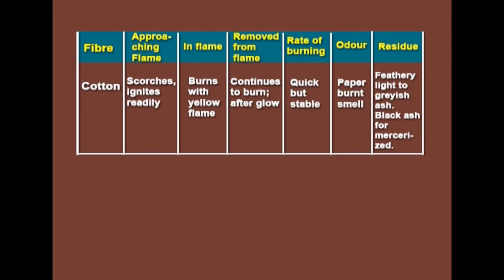Once the fire is put off, you find that the smell of burning paper you will get, and also the residue is going to be feathery light grey ash, and it may be light to grey in color, and sometimes if it gives you black color ash, then it may be a mercerized fiber.